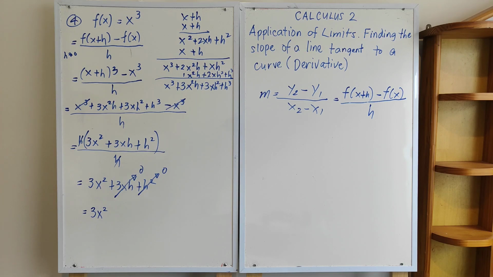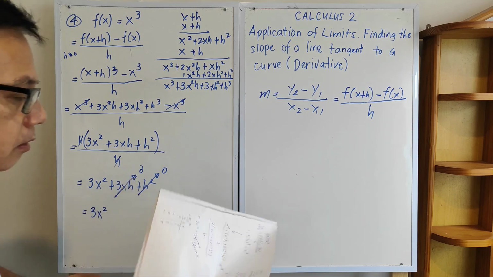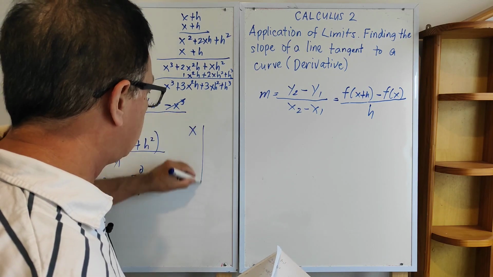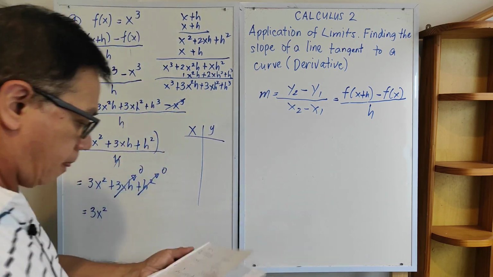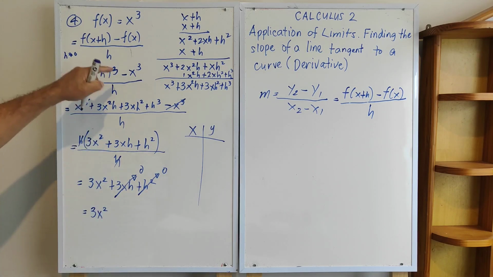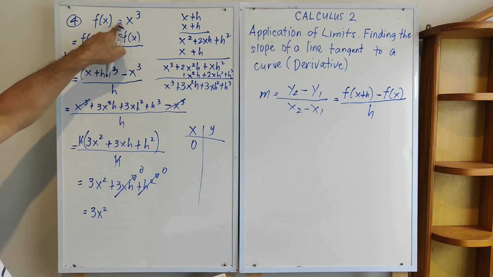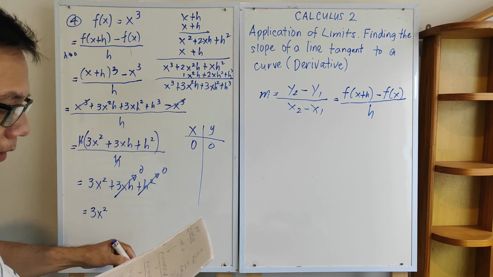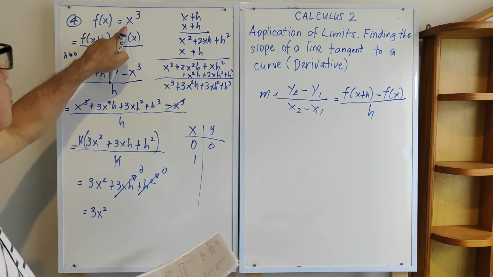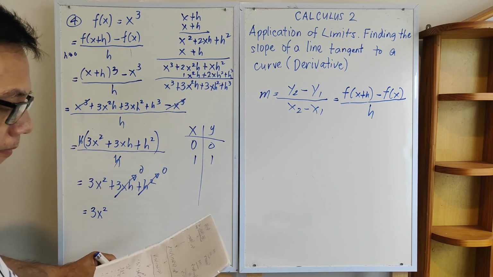Now let me plot. To plot, of course, you have your x and y. If x is 0, then y is 0. If x is 1, 1 cubed is 1.